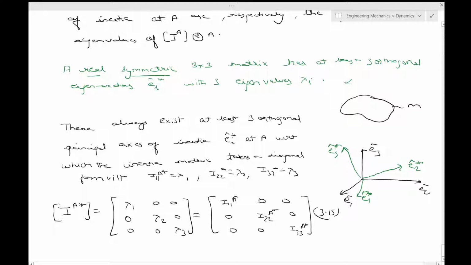Obviously this is also mutually perpendicular, orthogonal. This is point A. Now what will happen is that any inertia tensor in black having all the 9 terms, when transformed into this green coordinate system, will be such that you will only have these diagonal terms over here. So that's the meaning of it. So all the values are concentrated like this.